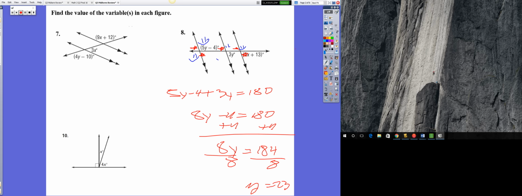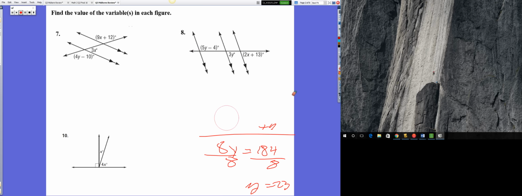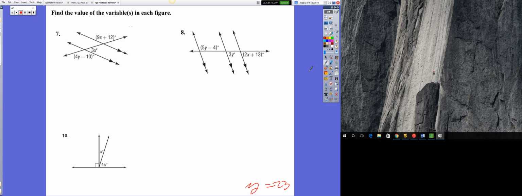Now, if I know y is 23, I need to find x. So I'm going to plug 23 in right here to find how wide this angle is, because this angle and this angle are the exact same. They're corresponding, so they're congruent.